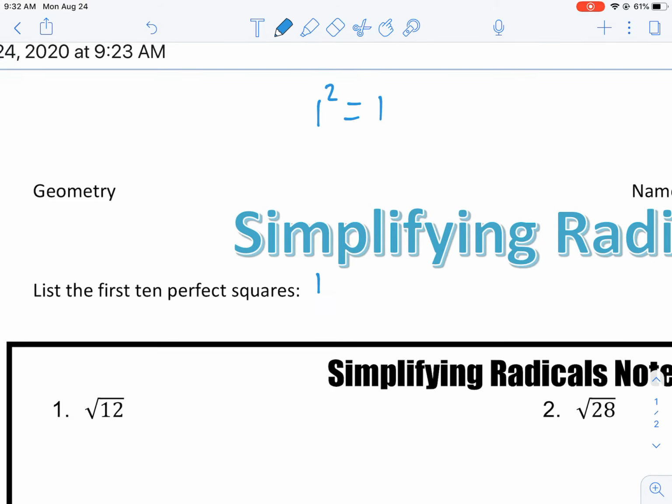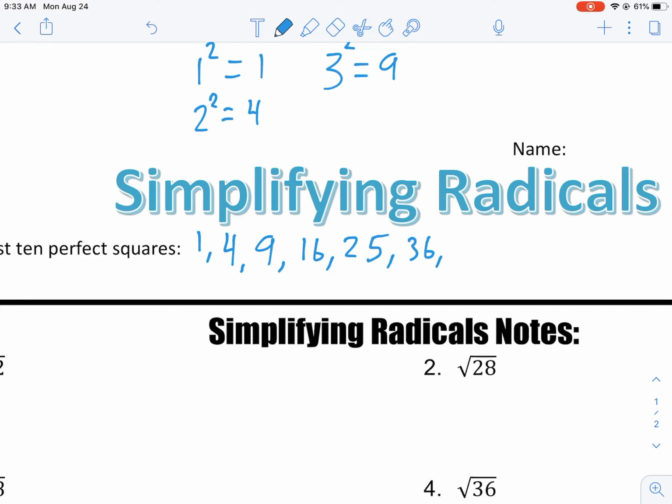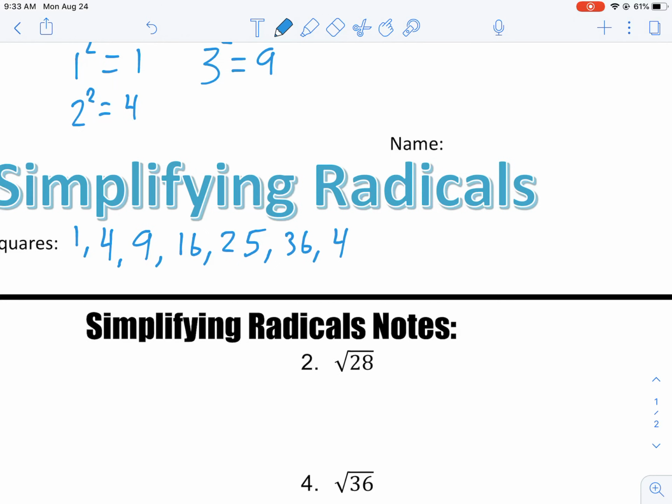And you can keep doing it like that. So 3 squared equals 9. Therefore, the next perfect square is 9. And hopefully you can keep counting, right? So like, what is 4 squared? 16. 5 squared is 25. 6 squared is 36. 7 squared is 49. 8 squared is 64. 9 squared is 81.